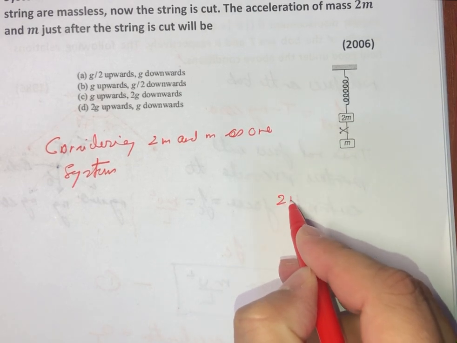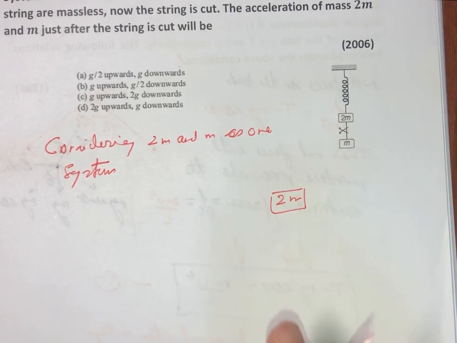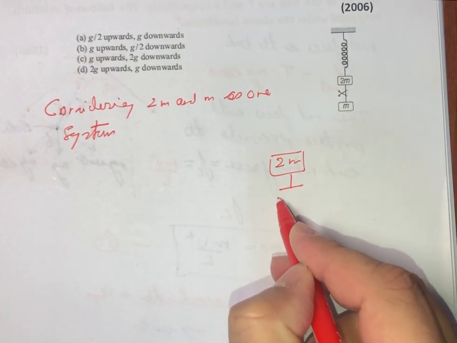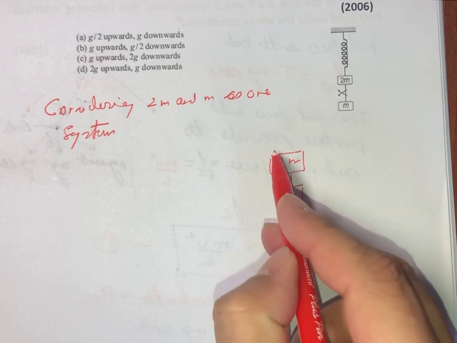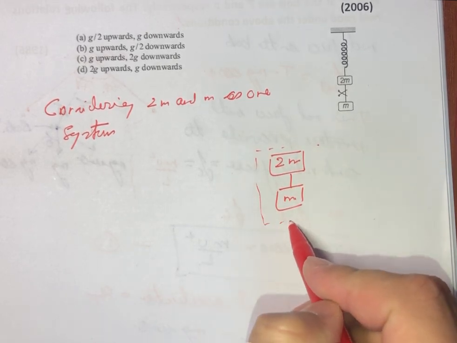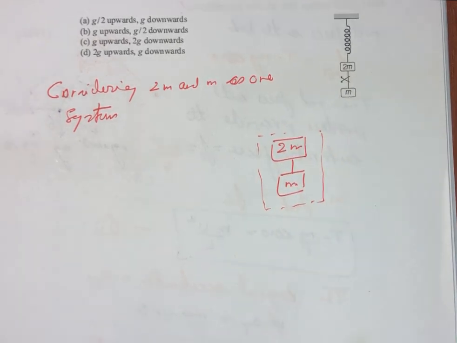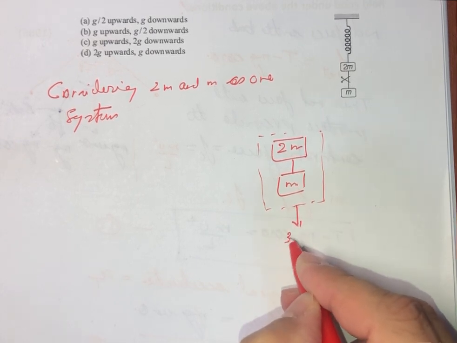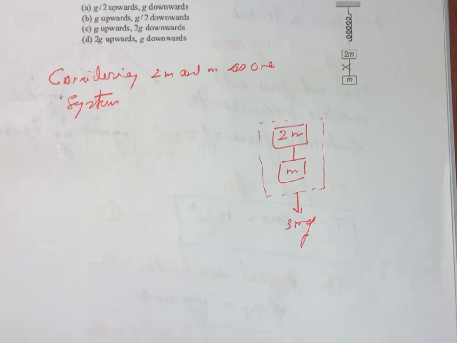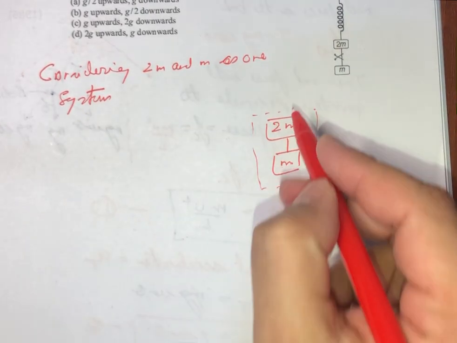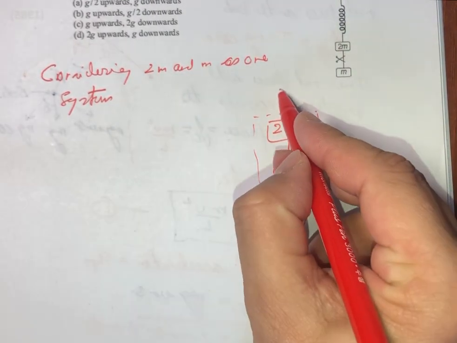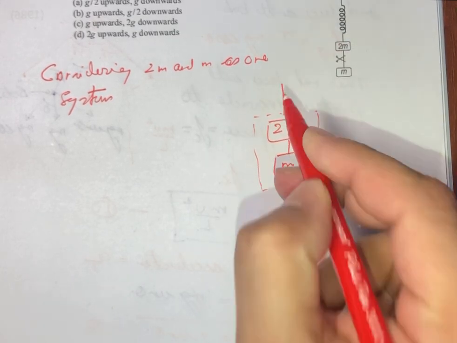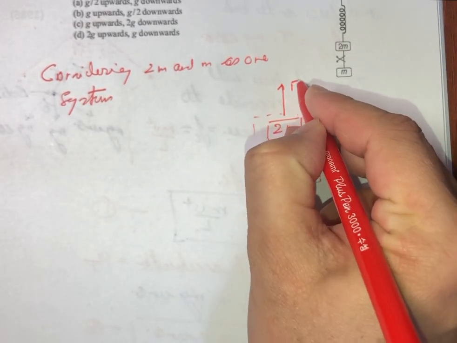So we have 2m as well as m, and we are considering them as one system. Under this condition, we are going to have 3mg in the downward direction, and in the upward direction we are going to have the force because of the spring, and let us call that Fs.